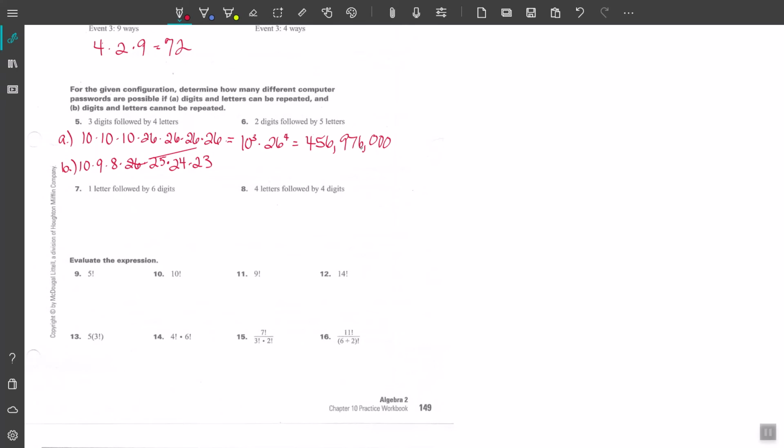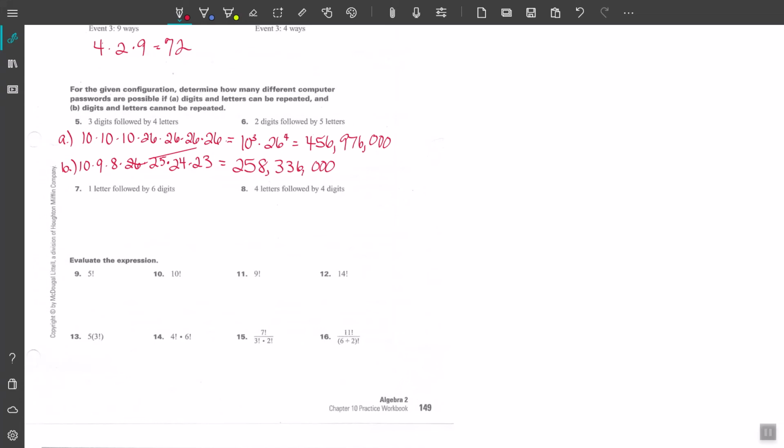So that's with the option of repeating digits and letters. If you cannot repeat digits and letters, then we end up with almost half less, 258,336,000. So those are the number of passwords that are possible given these constraints.